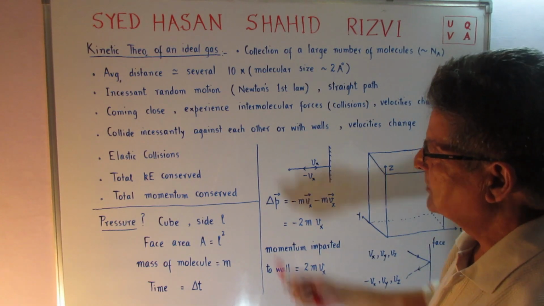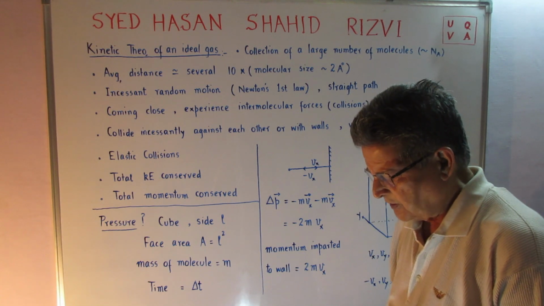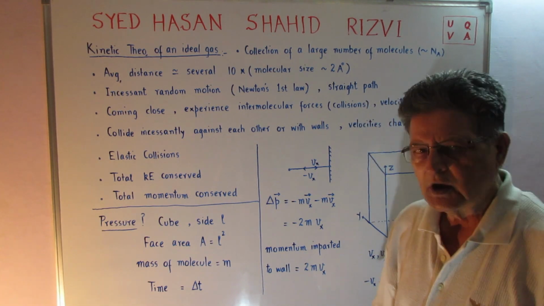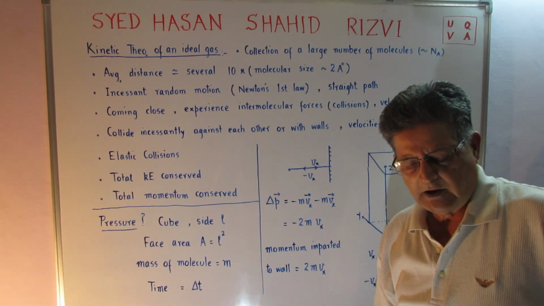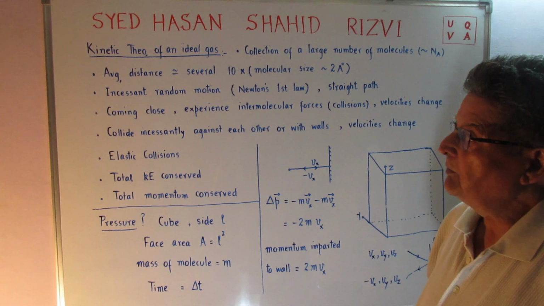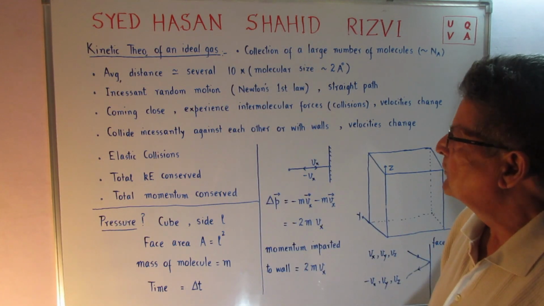There also we have similar kind of, not exactly this, but similar kind of things, and the results of the kinetic theory of gases are taken and we explain the other things. So that will be easy when we come to that, if you master this, if you understand this.